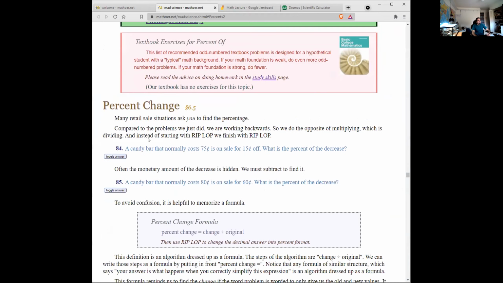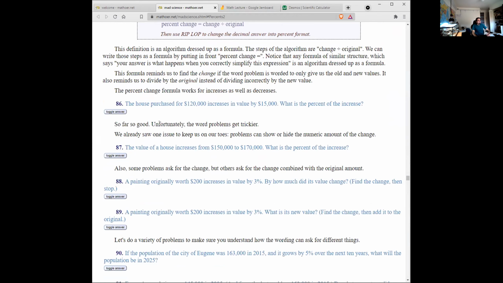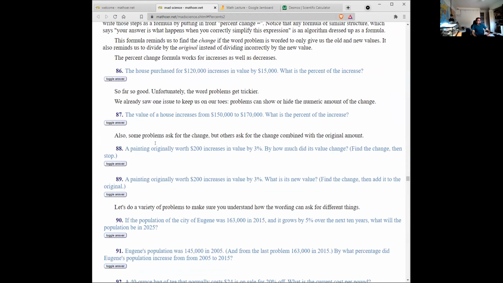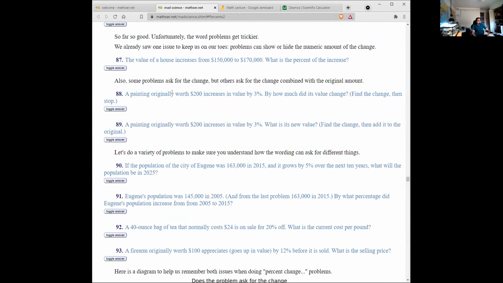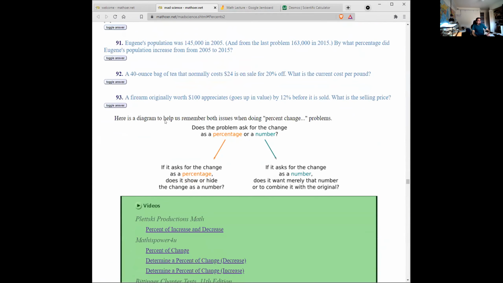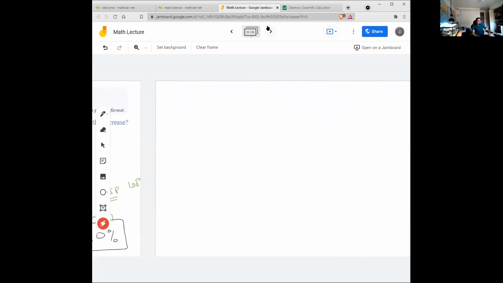So if you keep reading here, then it will talk about... I guess it doesn't. Oh, it should talk about that. Sometimes they hide it. This is sort of that.